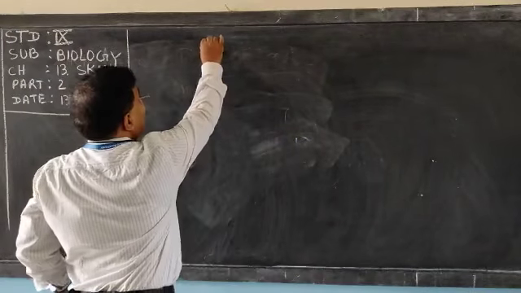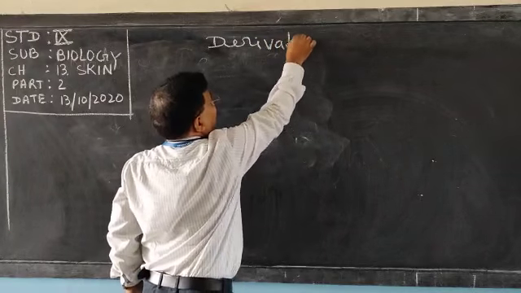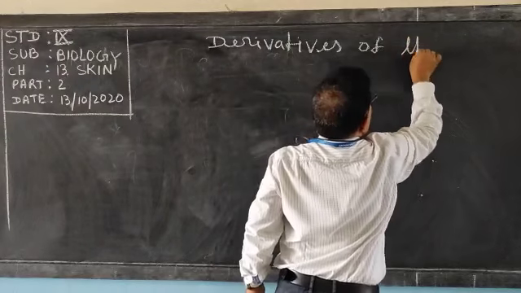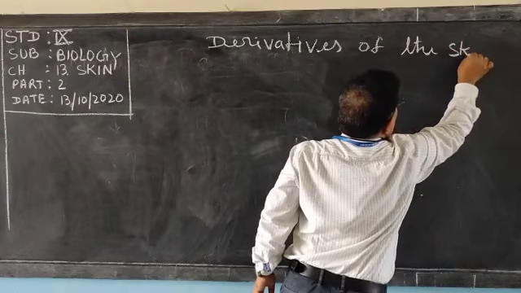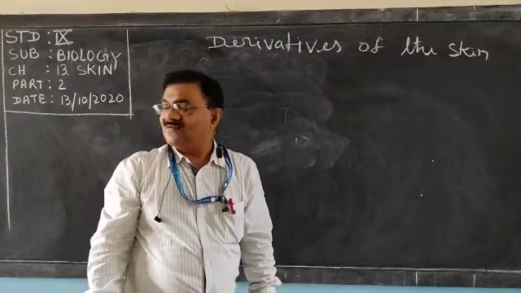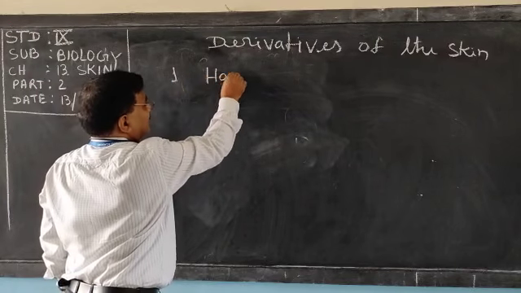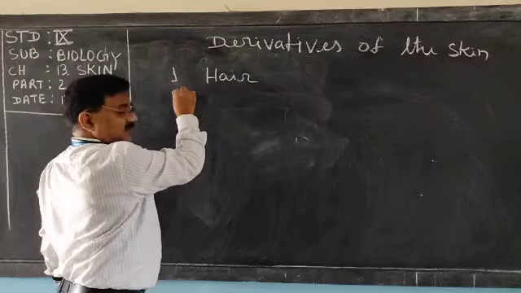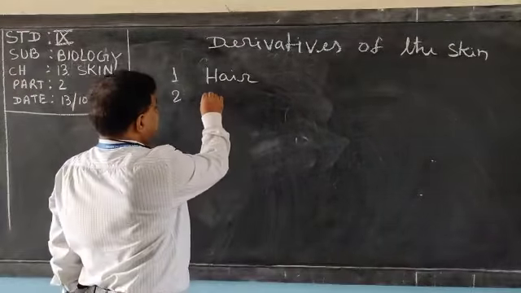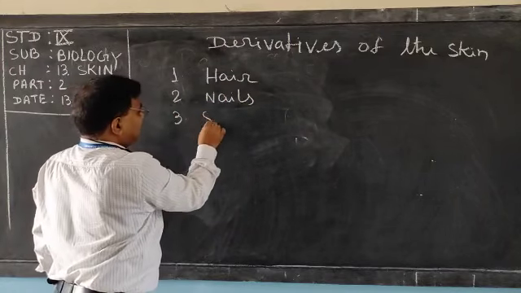Today, we are going to discuss the derivatives of the skin. As I have told you, there are 5 derivatives. Number 1 is the hair. Number 2 is the nails. Third one, sebaceous gland.